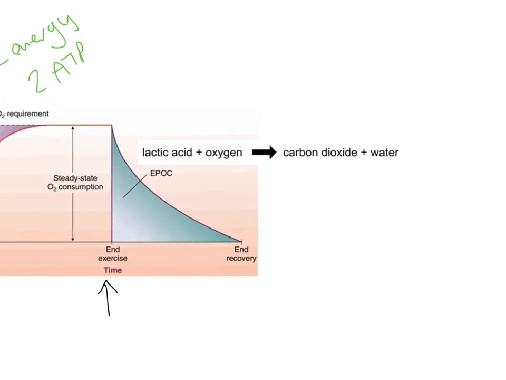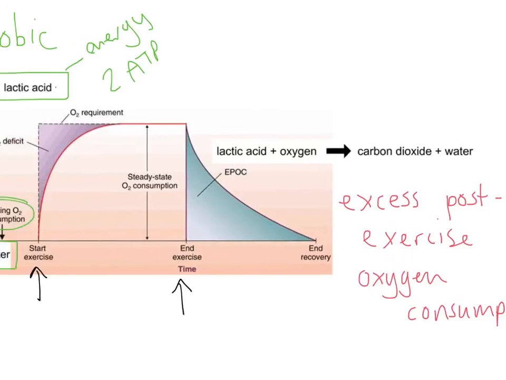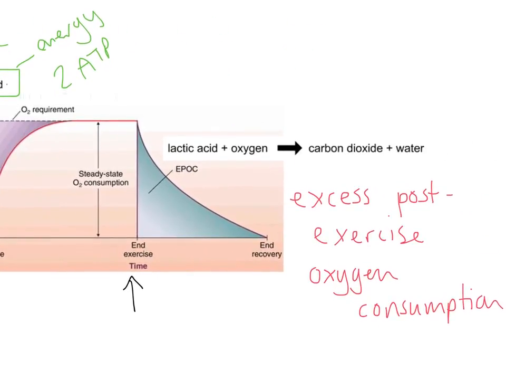EPOC stands for excess post-exercise oxygen consumption. And what that really means is that this black line, remember, was the amount of oxygen that you needed when you were at rest. So any oxygen you're consuming above that amount, all this bit here, must be excess. And we finished exercise, so it's excess post-exercise oxygen consumption.